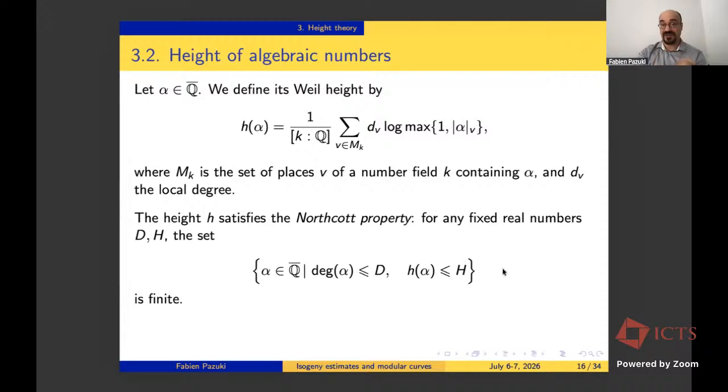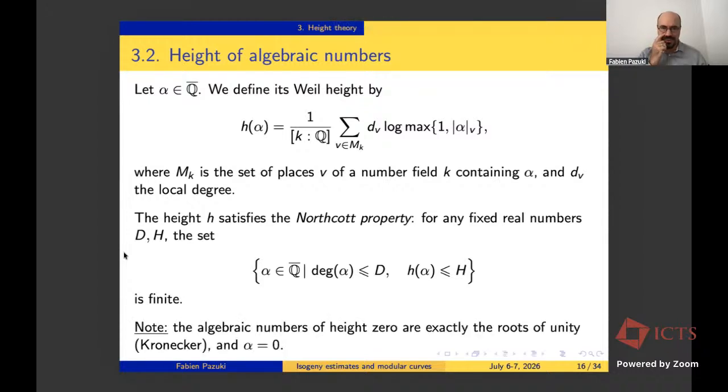So the height satisfies this Northcott property. So boundedness gives you finiteness over a number field, because over a number field, the degree is, of course, bounded by the degree of the field. And in that case, it's just boundedness of the height that gives finiteness of the set. So this is very, very nice, very important in Diophantine geometry.